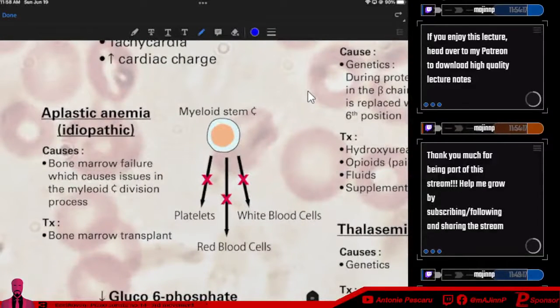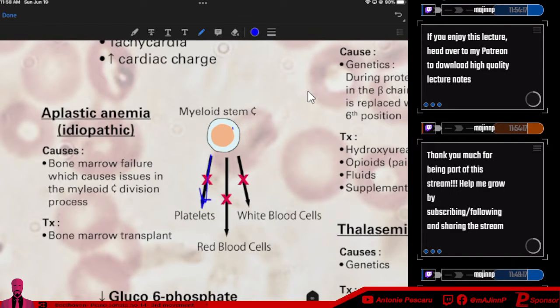We move on to aplastic anemia, which has a synonym called idiopathic anemia. It's basically the myeloid stem cell, where there's a failure inside of your red bone marrow. Your myeloid stem cell just stagnates in this form.